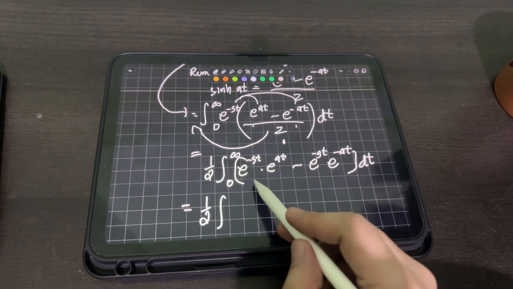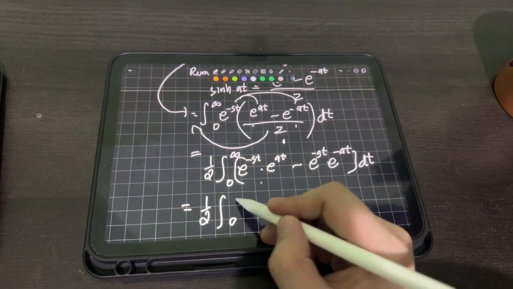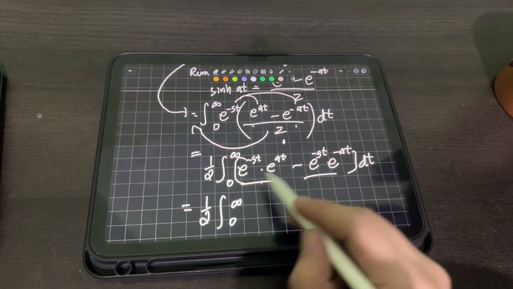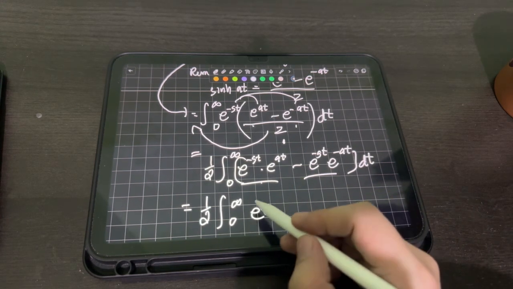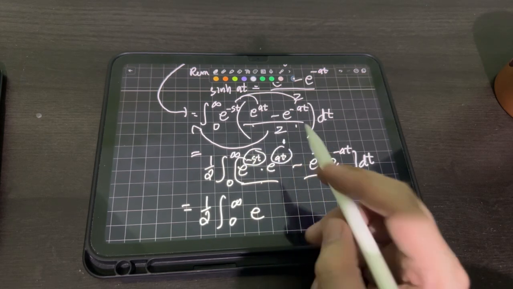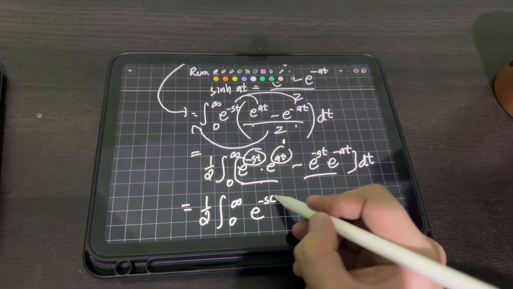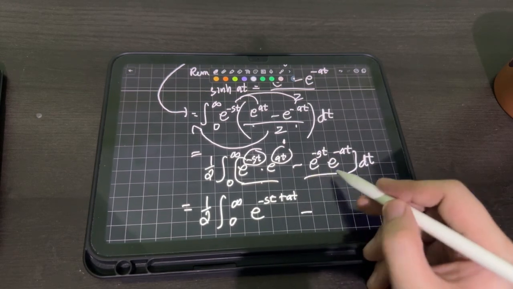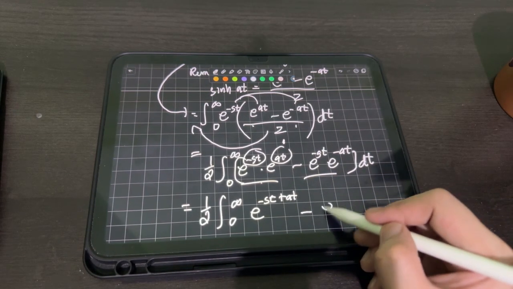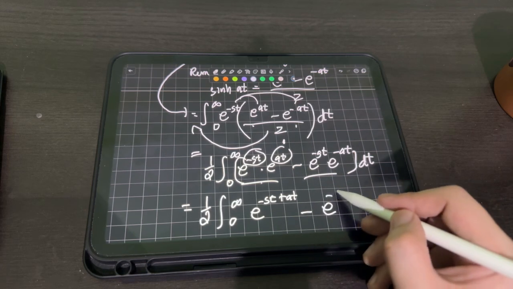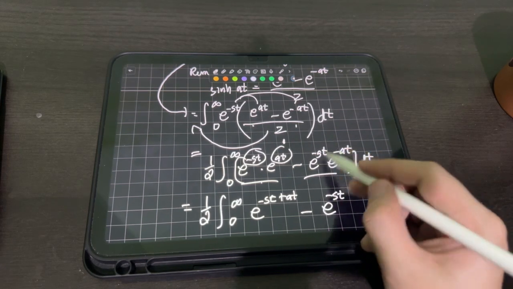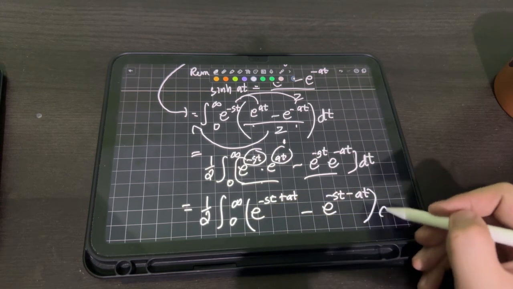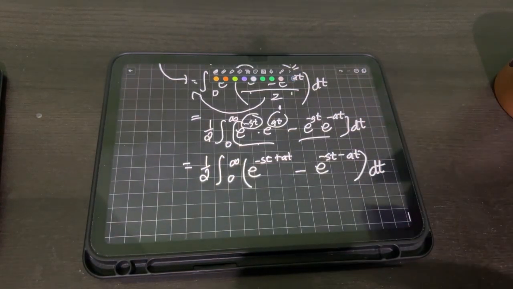So, applying the multiplication law of exponent, because we're multiplying the same base e, we can copy the same base e and add their exponents. So, e to the negative st plus at, then minus, okay, same multiplication law of exponent, copy the same base e and add the exponent, e to the negative st minus at times quantity dt.